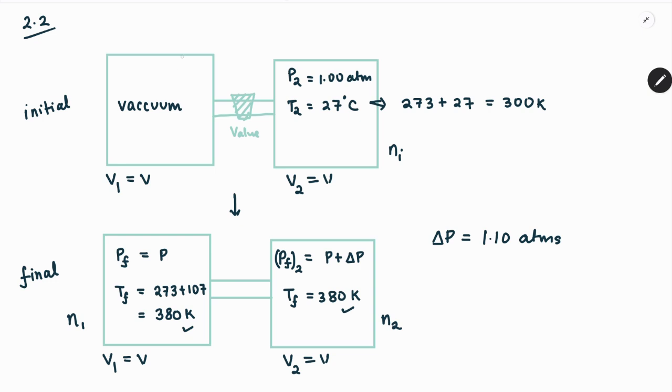So initially this was vacuum, that is at a low pressure condition, and this one is containing gas at 1 atmosphere at a temperature of 27 degrees Celsius or 300 Kelvin.